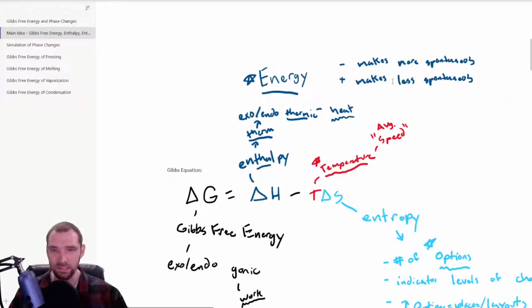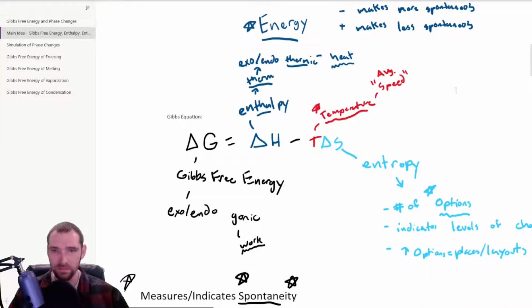And so you can see how when you have a positive number in here, it makes this a little bit more positive. It's contributing a positive, so it's making it less spontaneous overall. The opposite here is like a ball rolling down a hill. This is our exothermic if this is negative, right? And so that's our energy having to do with thermal.